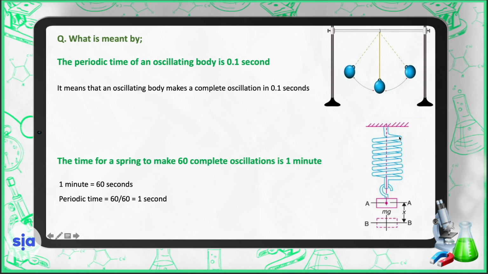If you look to this diagram, this is the spring, A is the point of rest, B is the maximum displacement, and this means that the spring will keep moving and the weight will change its position from the point of rest till the maximum displacement, from A to B, completing one oscillation in 1 second, because this spring is making 60 complete oscillations in 1 minute. But remember that the periodic time is measured in seconds.